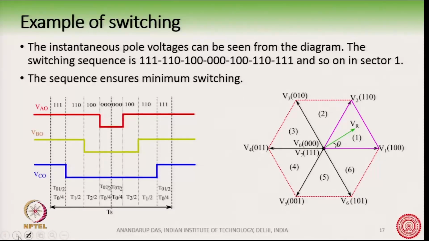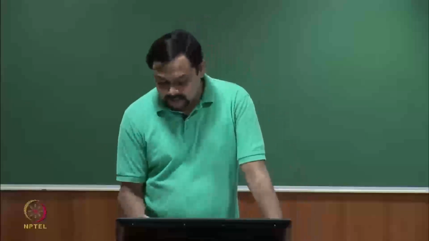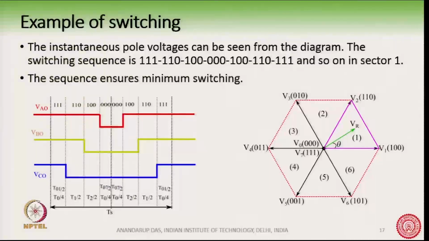Now, how does the instantaneous pole voltage look like? Okay. When I say that we are switching these vectors, okay, for certain duration of time, then how will the switching look like? So, here we see a switching sequence.